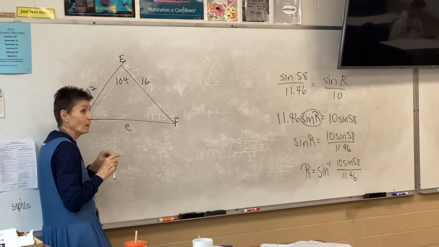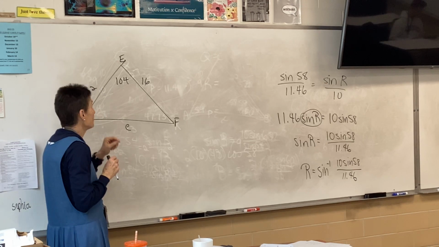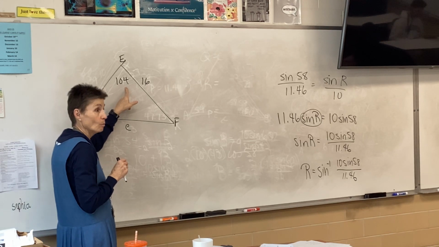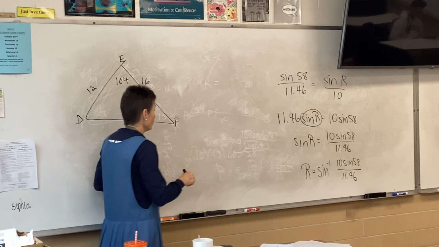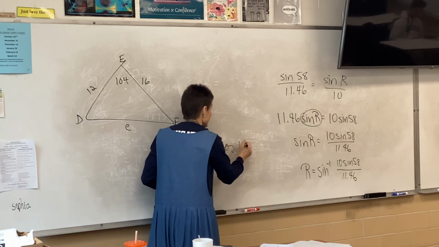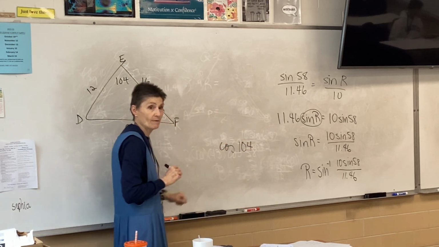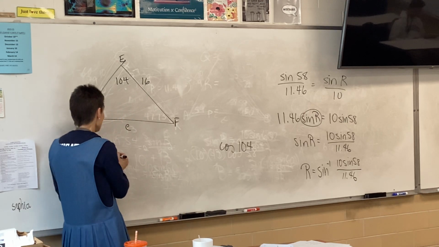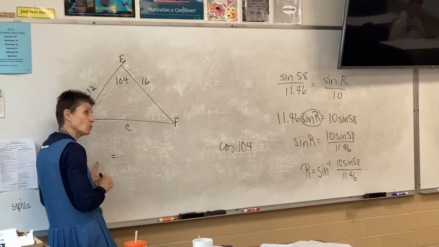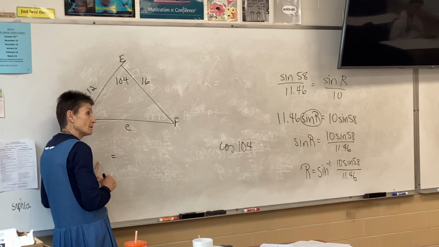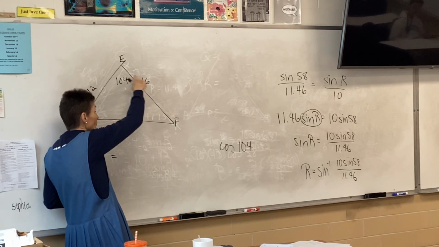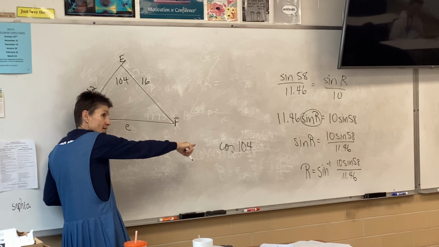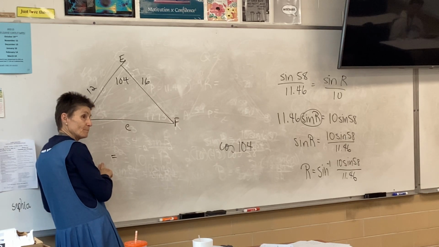Now, what's the angle you know? The angle you know is 104. So in the law of cosines, you're going to have cosine 104 out here on that end. Clear back here at the beginning of the equation, if you're putting angle E out there at the end, what's going to go right here?